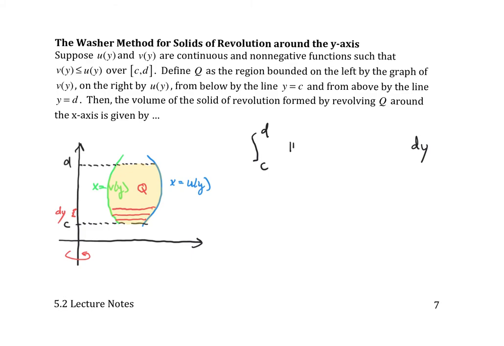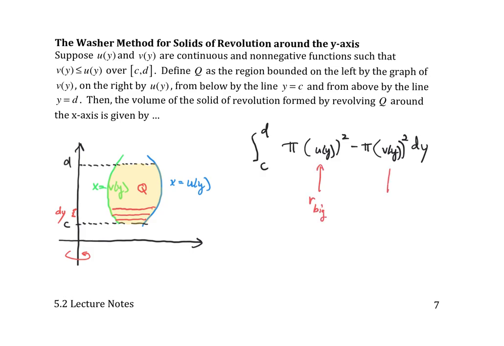So we're going to have pi times something squared minus pi times something else squared. In this case, the bigger function is the u of y, and the smaller function is the v of y. And I hope you can see why we call this r big.